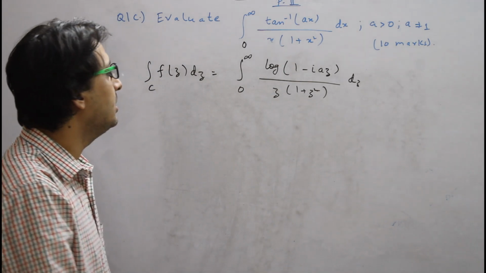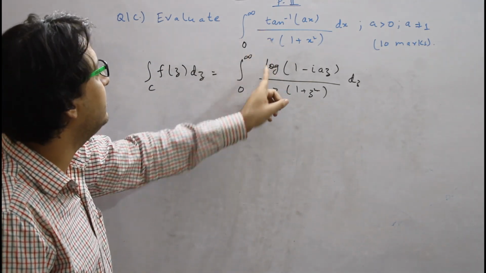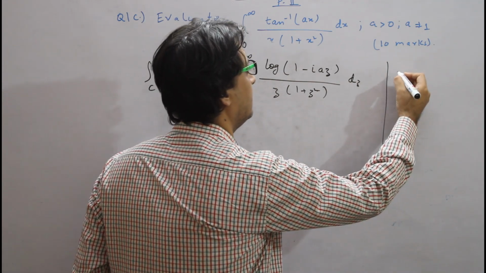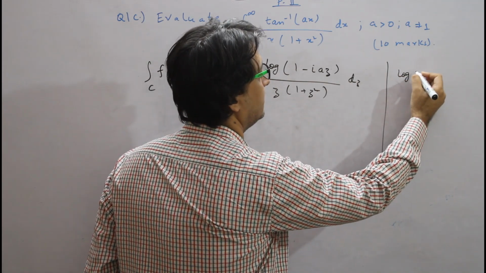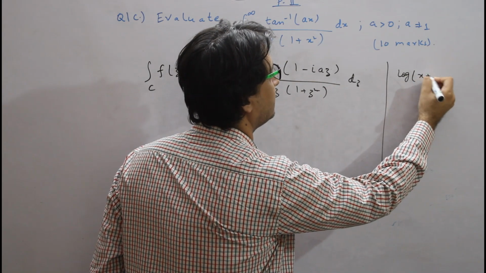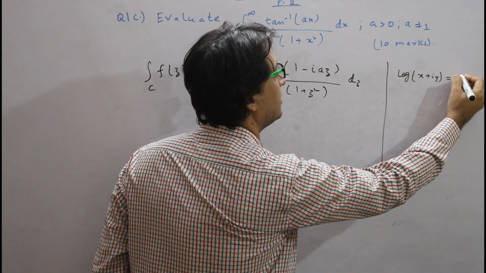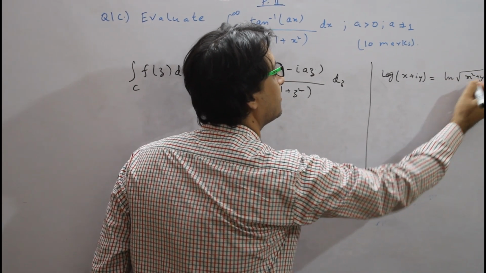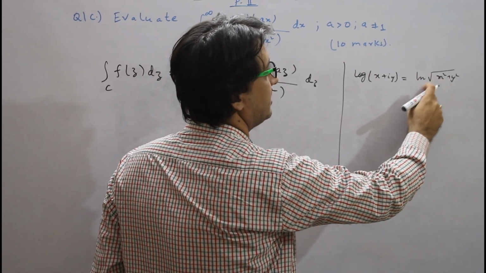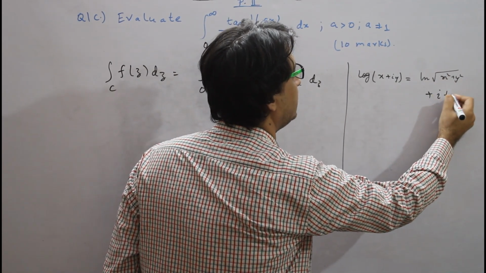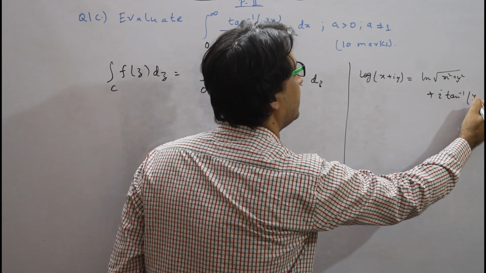Now, why I have changed this, I will first give you a brief understanding. We know the logarithm of any function is log of the square root of x square plus y square, plus i tan inverse y by x.